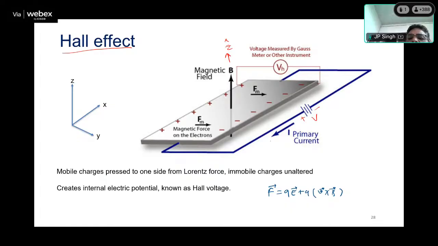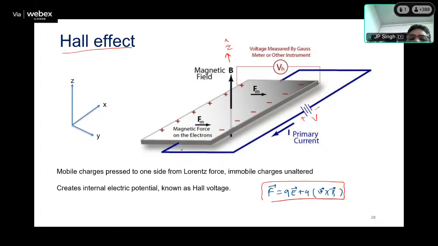This is the current direction, charges are moving from positive to negative, and because of that there will be a Lorentz force acting on this charged particle, electrons or holes, whatever it is in the semiconductor. Because charges are moving, there are two fields.